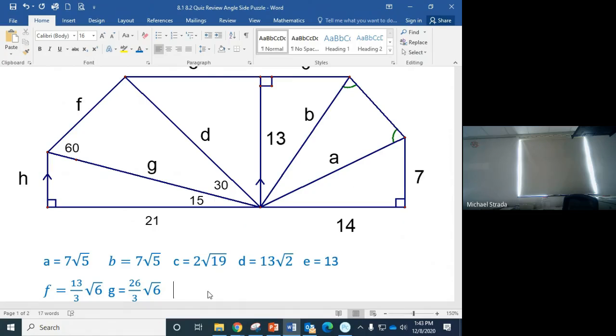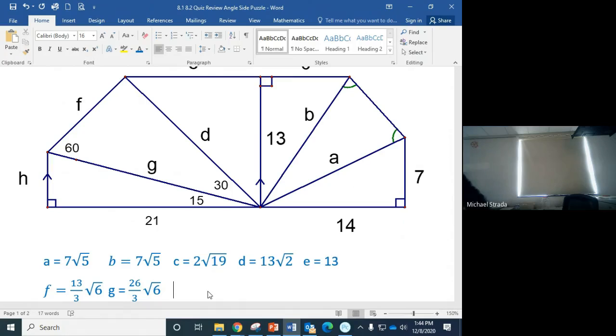H would be 21 squared plus H squared equals 26 over 3 root 6 squared. 21 squared is 441. All right. G is 26 over 3 root 6, squared equals 676 over 9 times 6. 676 times 2 thirds.